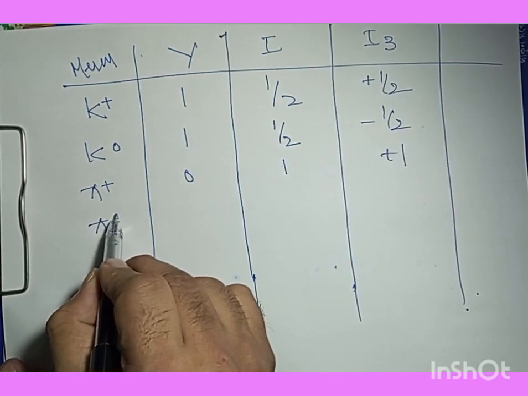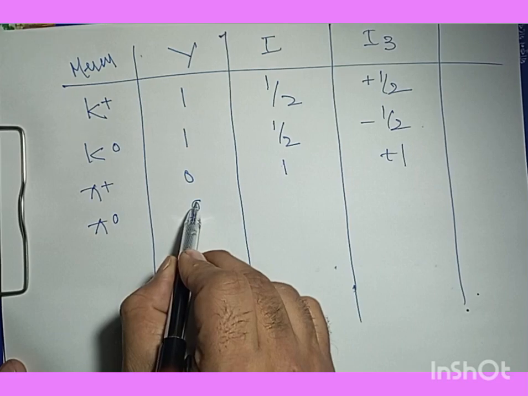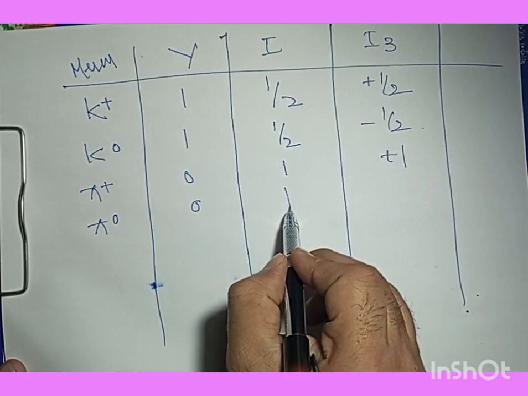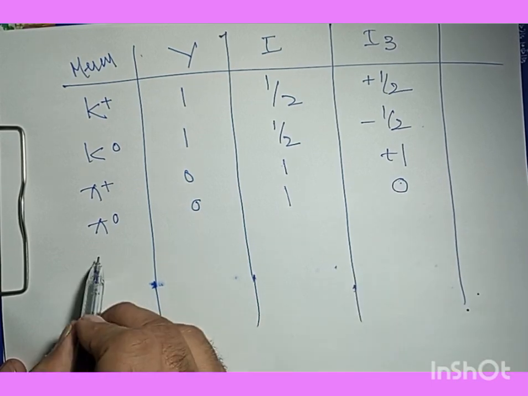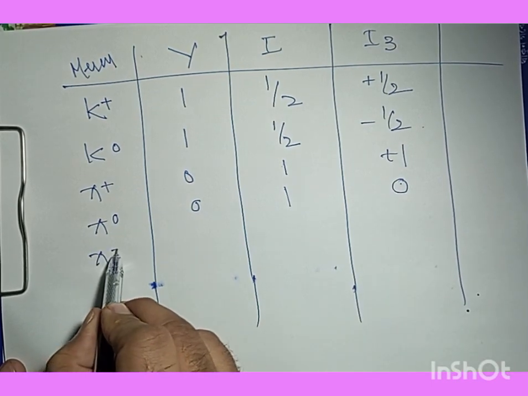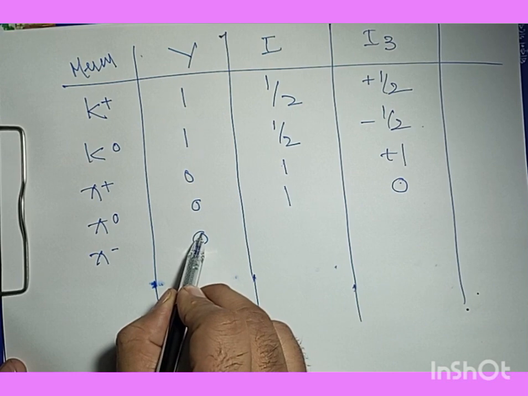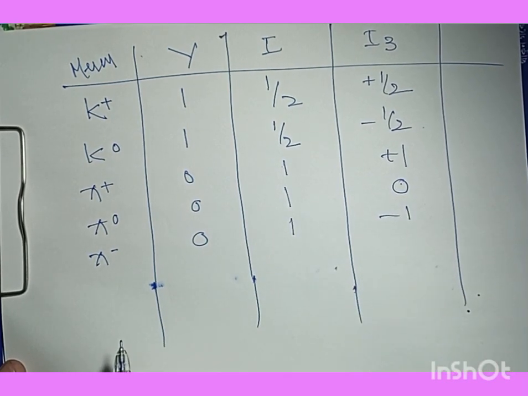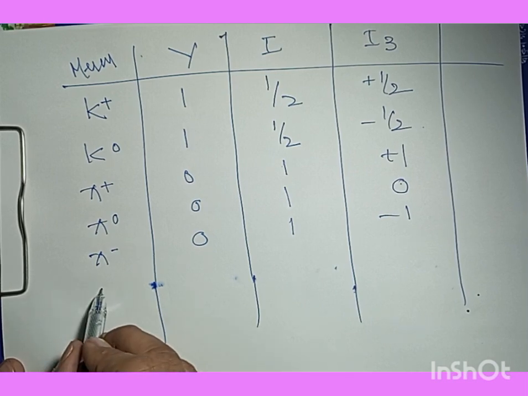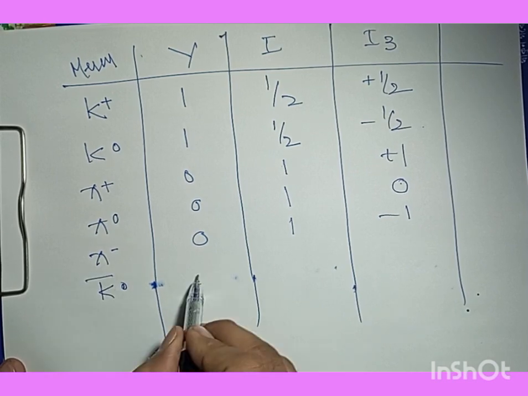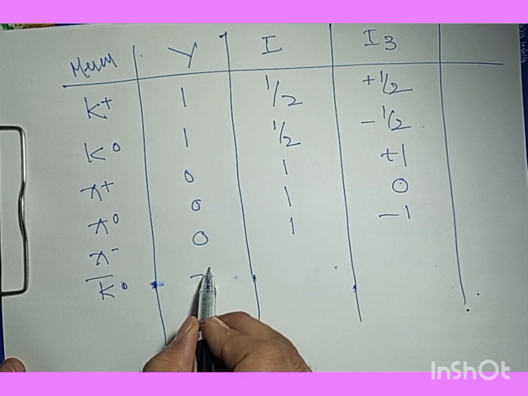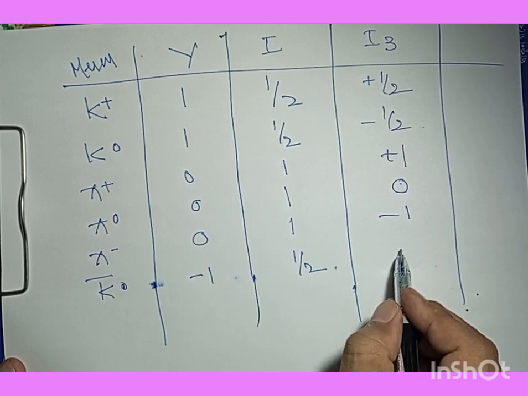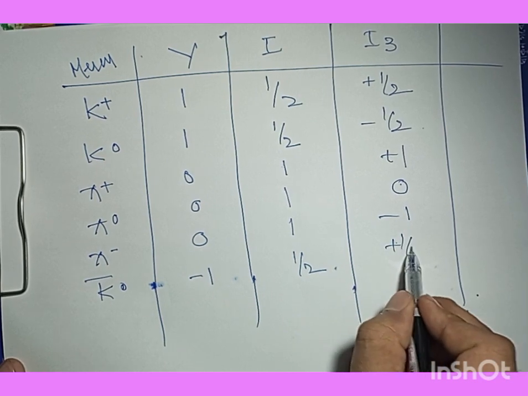Then pi 0: its hypercharge is 0, its I is 1, and its I3 is 0. Then pi negative: 0 hypercharge, 1 isospin, and minus 1 as the third component I3. Then K0 bar: its hypercharge is minus 1, its I is half, and its I3 is plus half.